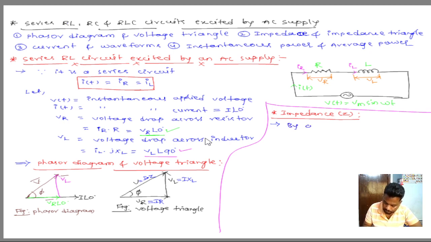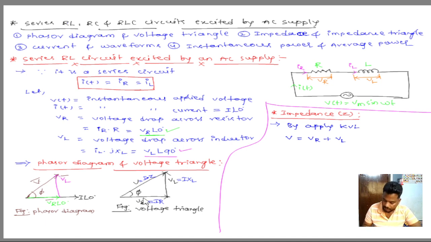By applying KVL, what we are writing? V is equal to VR plus VL, or also we are considering from the voltage triangle.